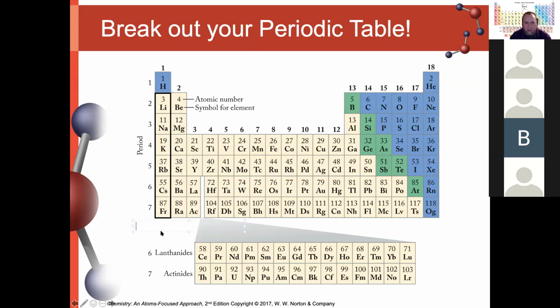The first of which is group 1, which technically starts with hydrogen, although hydrogen is not considered to be an alkali metal in the pure sense. But group 1 here, these are the alkali metals. Alkali metals are known for having some very interesting chemistries. In particular, they are very, very reactive with air, and they are very, very reactive with water.